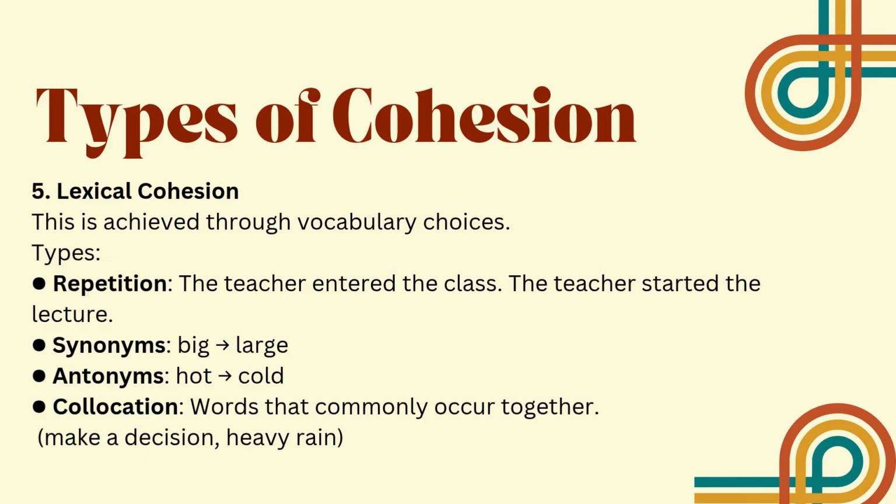The tea is hot, the tea is cold. Hot and cold are opposite. Collocations. Collocations refer to words that naturally go together in language. You can see the example: make a decision, heavy rain, strong coffee. These word combinations sound natural to native speakers.